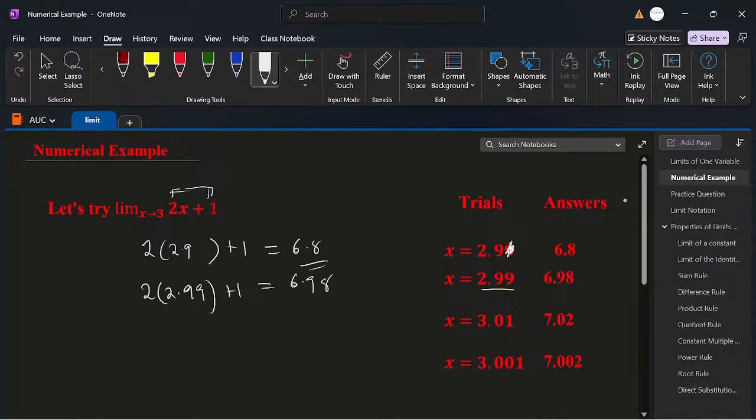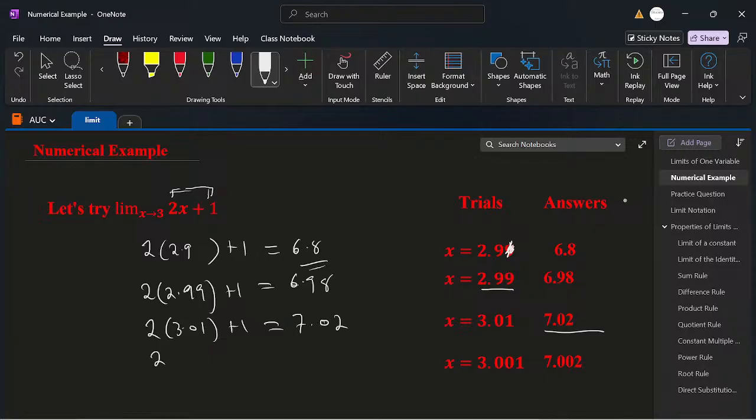If you go to the other side of 3, that is the right hand side, where x equals 3.01 for instance, you're going to have 2 times 3.01, then add 1, which gives you 7.02.